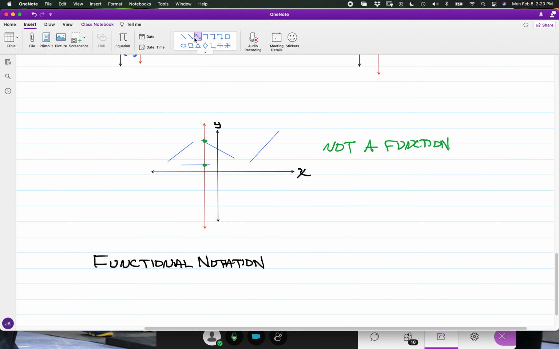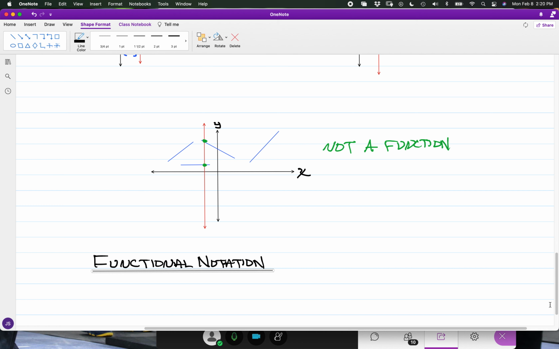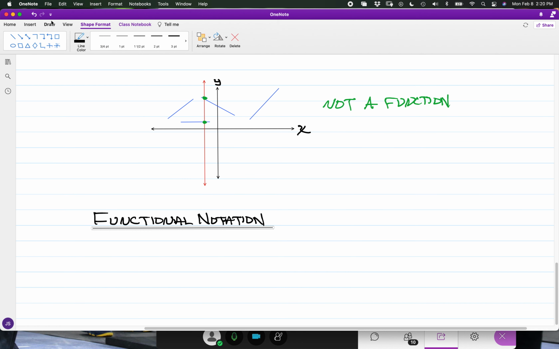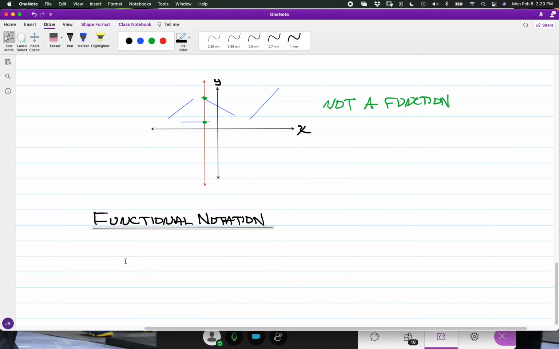so we have with functional notation, again, so we have, and it doesn't have to be limited to just f, it could be y is equal to f of x, g of x, z of x.